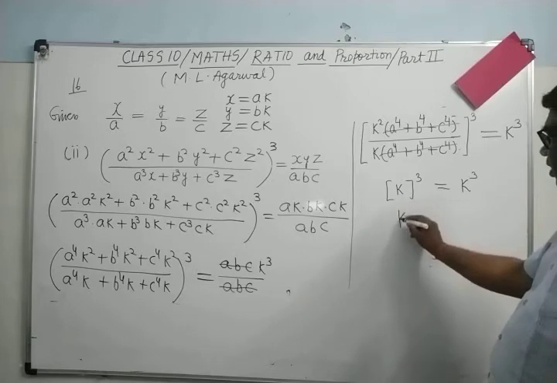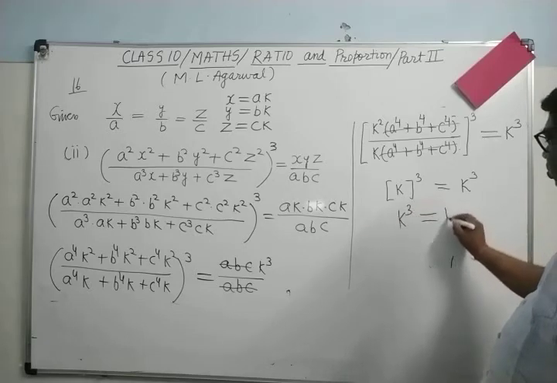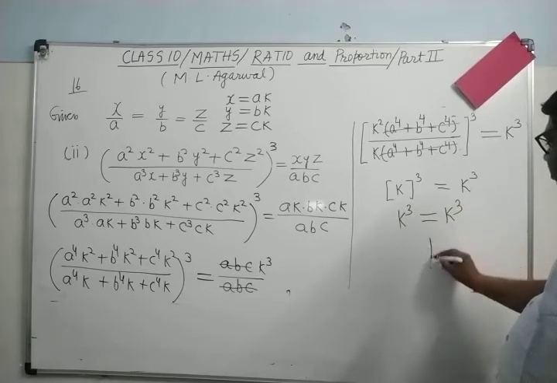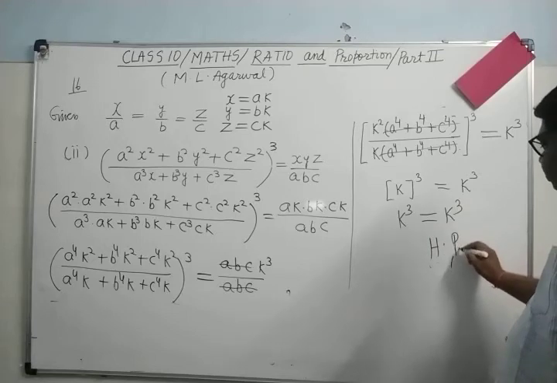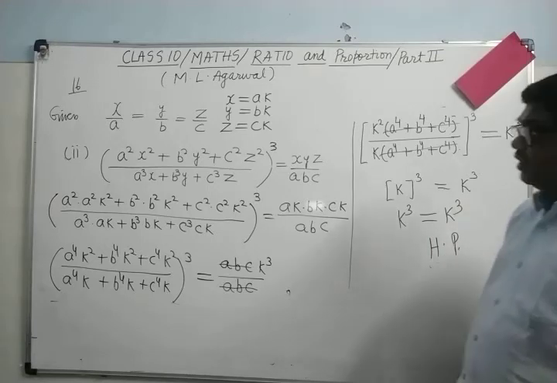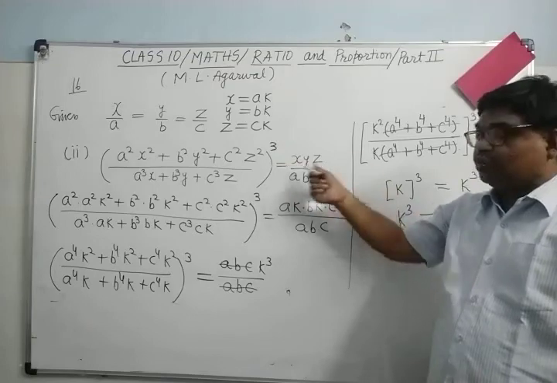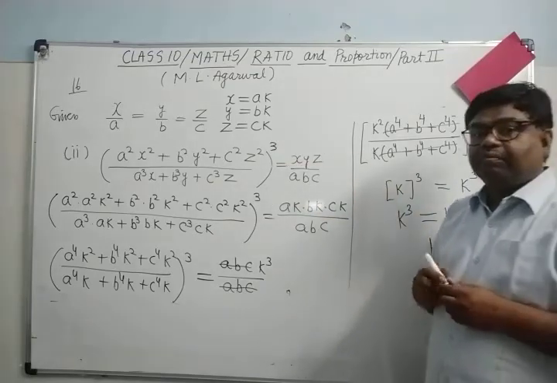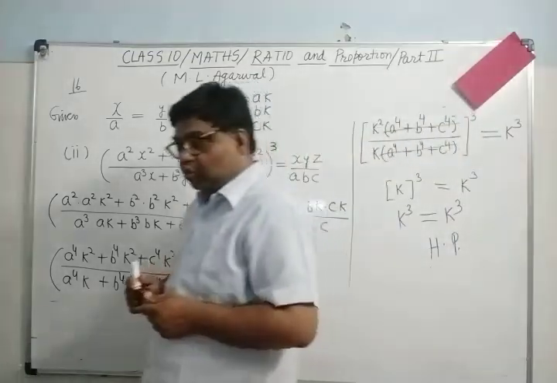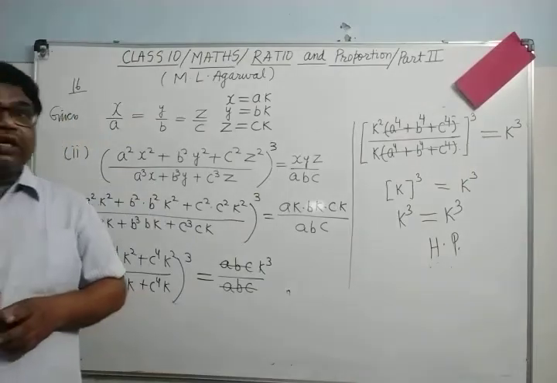On simplification, k cube equals k cube. Hence proved. By using the K method, you have shown that both sides are equal.